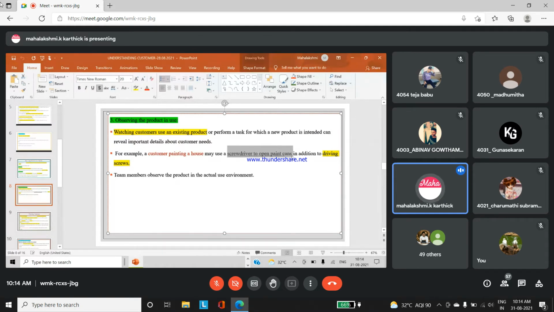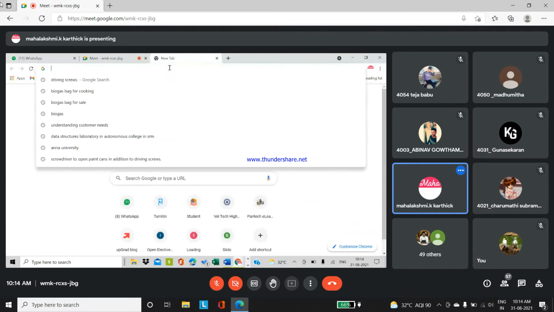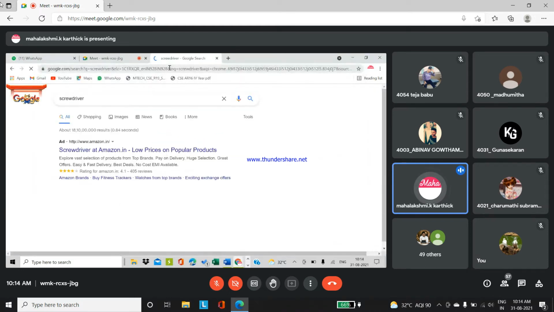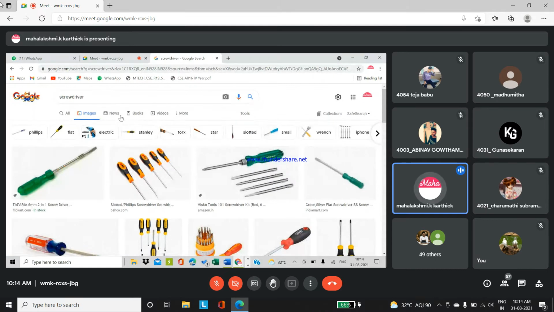So the normal screwdrivers, you know. I'll just show you images so that you can understand well. With normal screwdrivers, we have to use our own hand for removing the nail or punching the nail, whatever it may be.